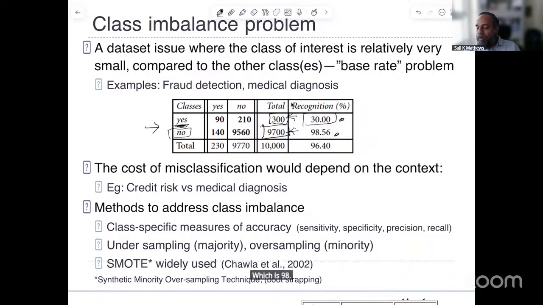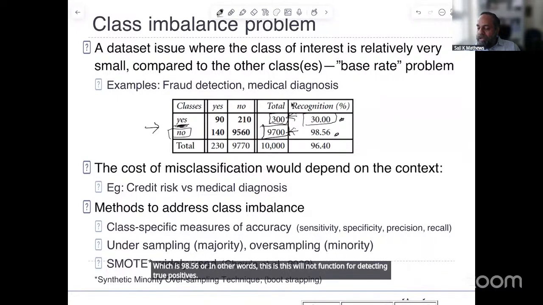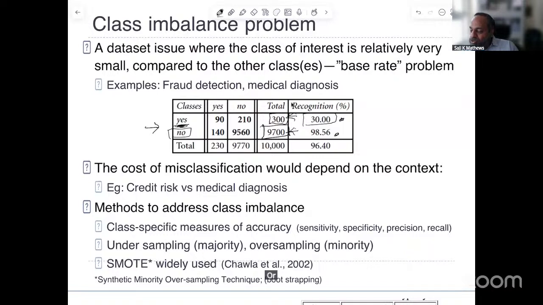In other words, this will not function well for detecting true positives. We know that P is equal to true positive plus false negative.